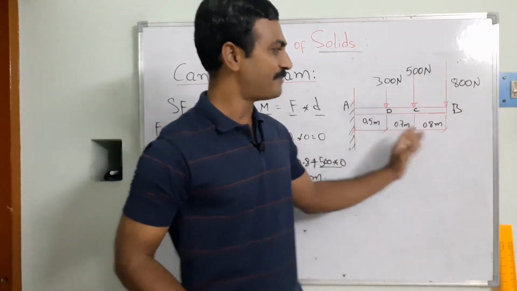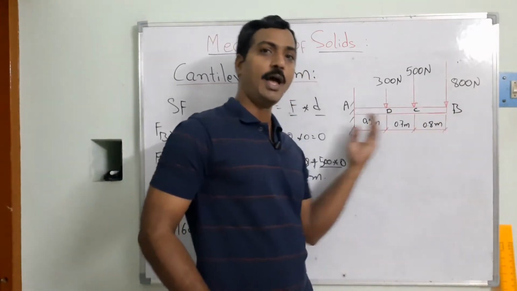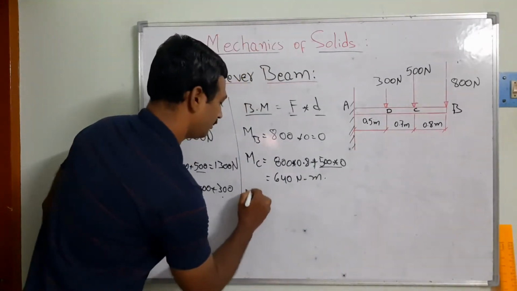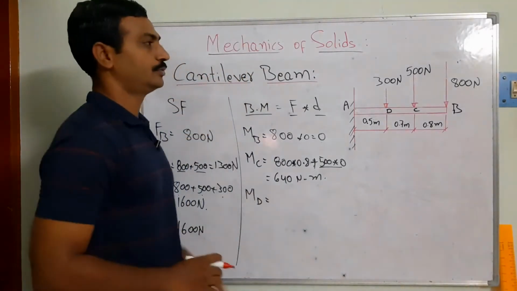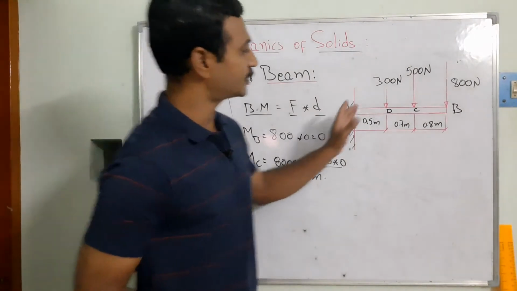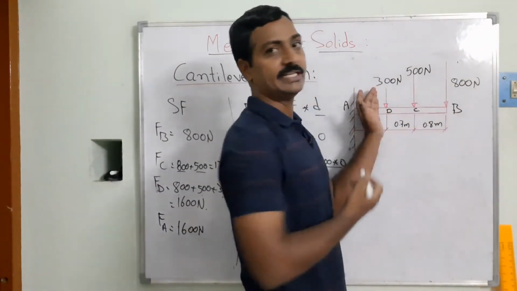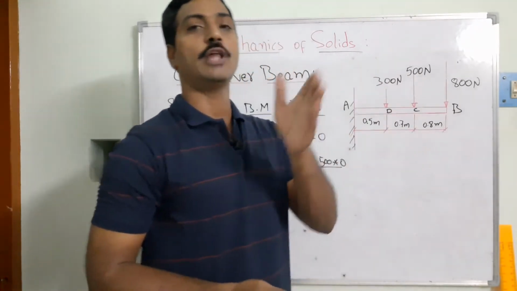Similarly, we need to find out the bending moment at point D. Can you see, I am shifting from the right side to the left side of each point. So the moment at D is equal to, how many forces will you have? 1, 2, 3 forces, and each has a distance from the line of action to the observation point.